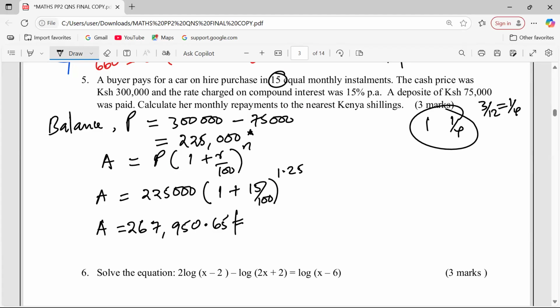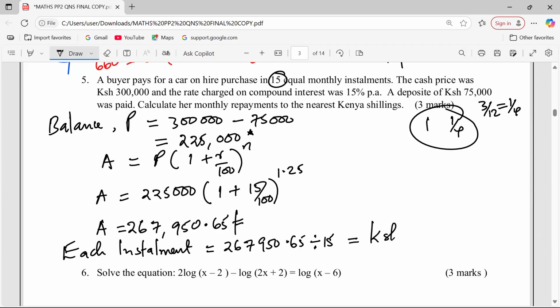So you see there is some interest earned. Then now this amount is being paid in 15 equal installments. So each installment shall be 267,950.65 divided by 15 months, so that we may know per month how much she was giving out.